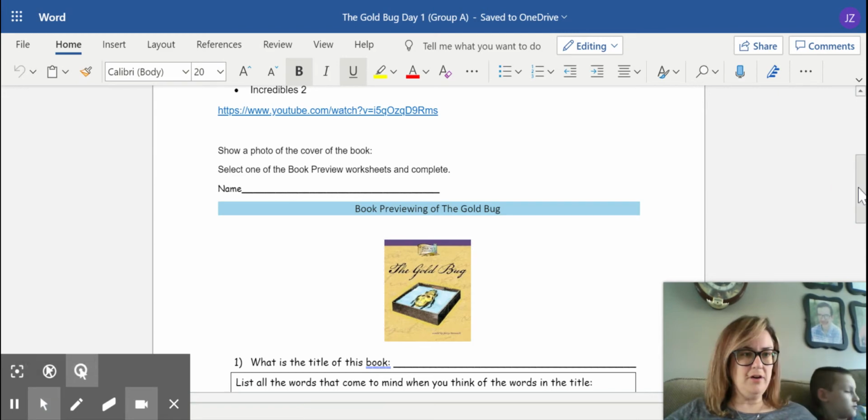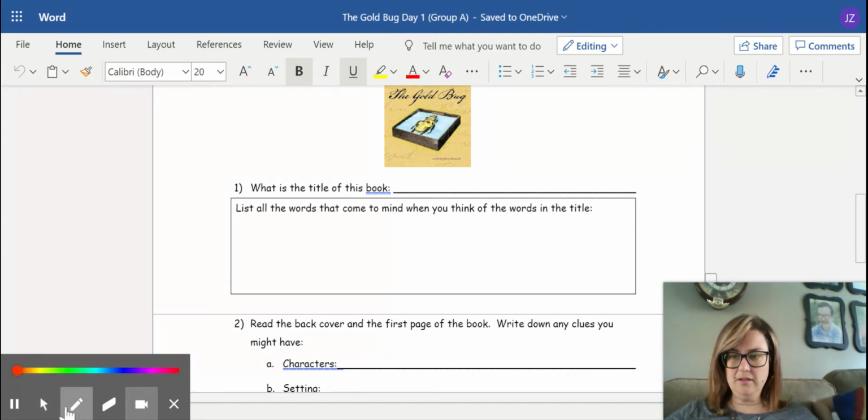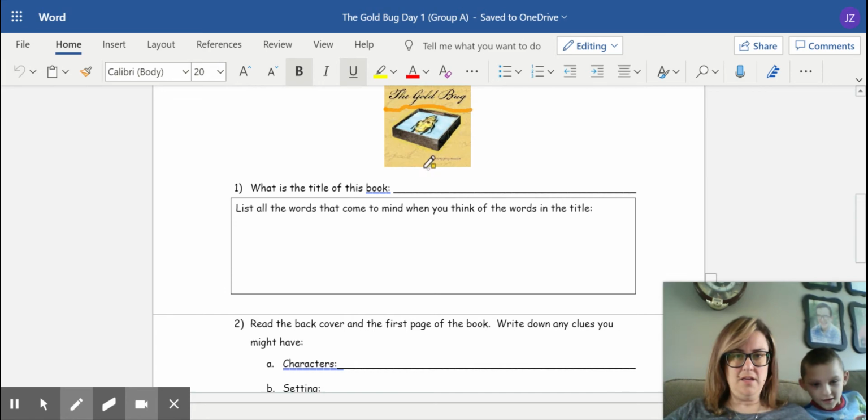And if we go to, what is the title of this book? Well, what is the title of this book? It's The Gold Bug.